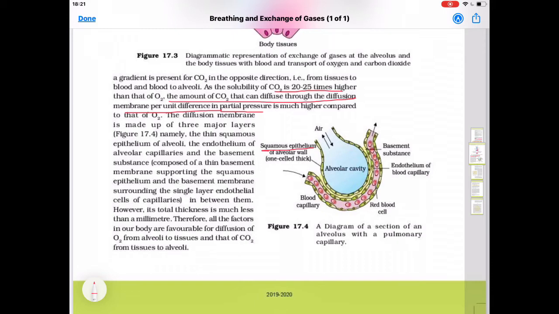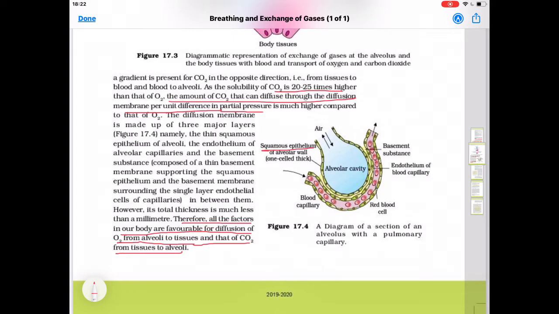Their total thickness is much less than a millimeter. These are very thin walled, so their thickness is very less. Therefore, all the factors in our body are favorable for diffusion of oxygen from alveoli to tissue and that of carbon dioxide from tissue to alveoli, because the alveolar wall is very thin and richly supplied with blood also.